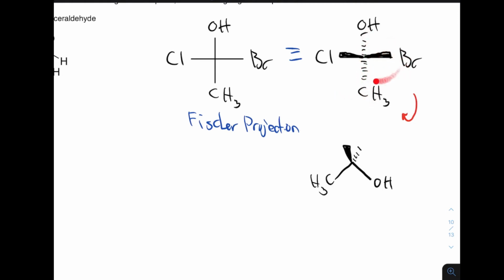We're going to have one bond that's wedged, so that'll be our bromine, and the chlorine back here, because we're pointing this molecule toward ourselves, it's going away from us.